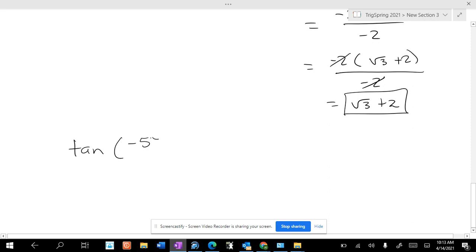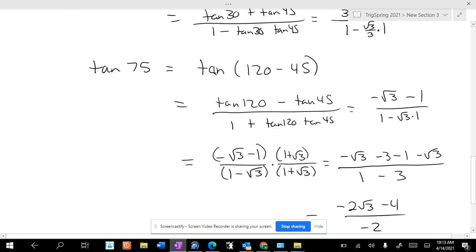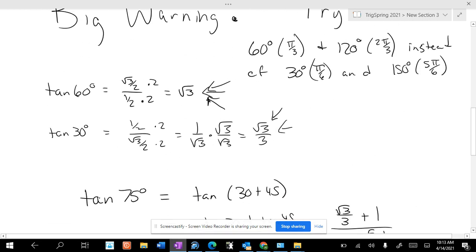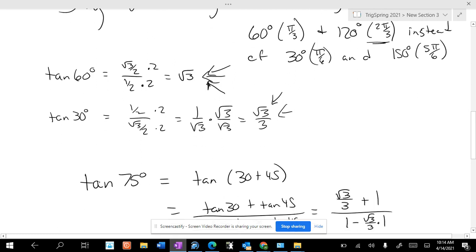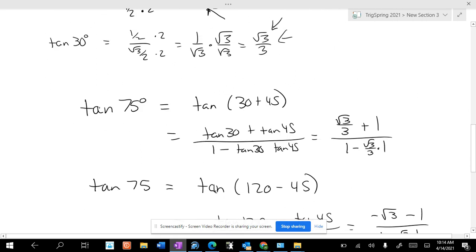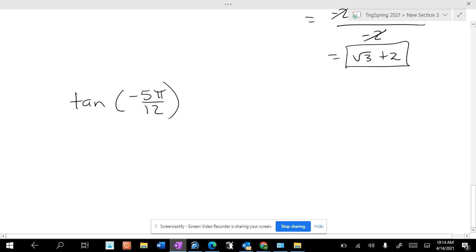of negative 5 pi over 12. Oh no. How do we do that? What minus what is negative 5 pi over 12? Now, if we can, we want to use something like 2 pi over 3, or pi over 3, and subtract to get negative 5 pi over 12. So what is 2 pi over 3?